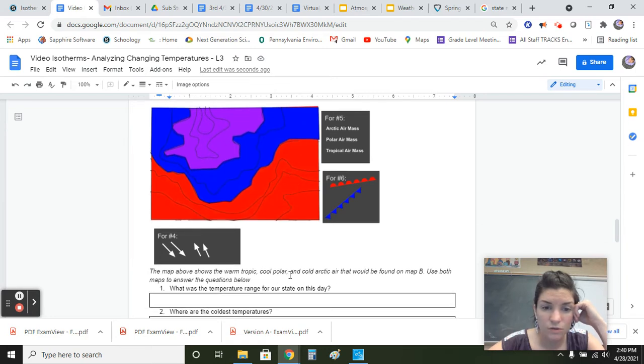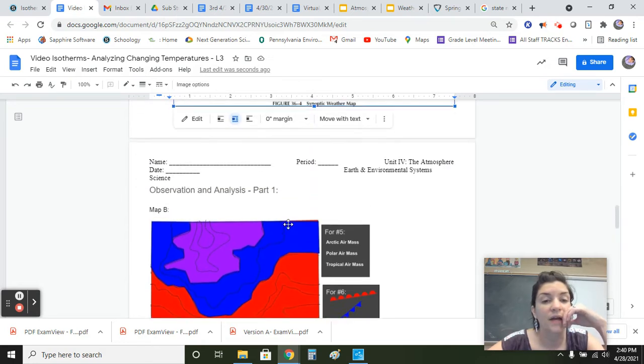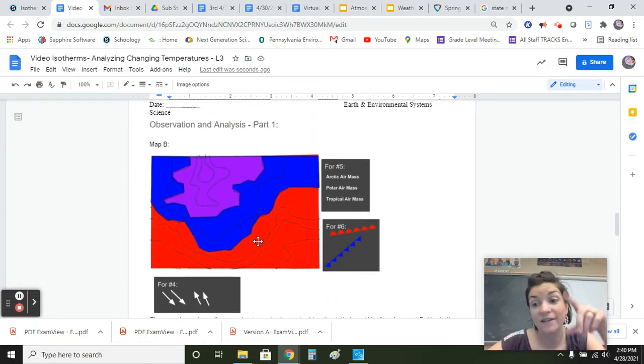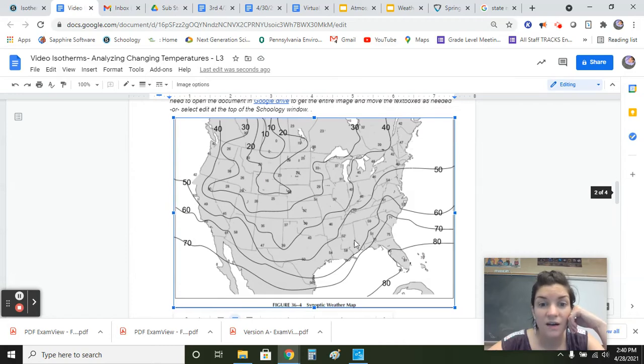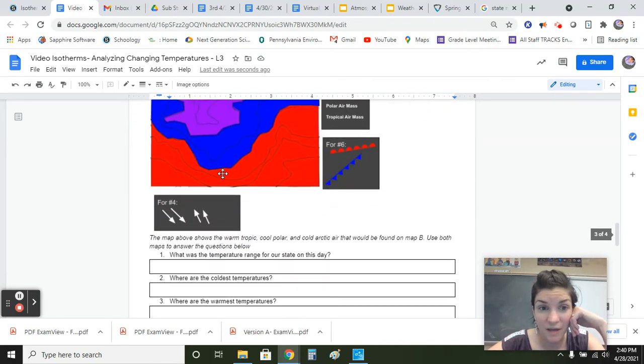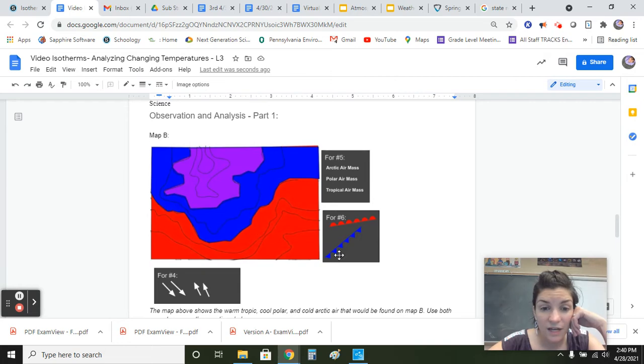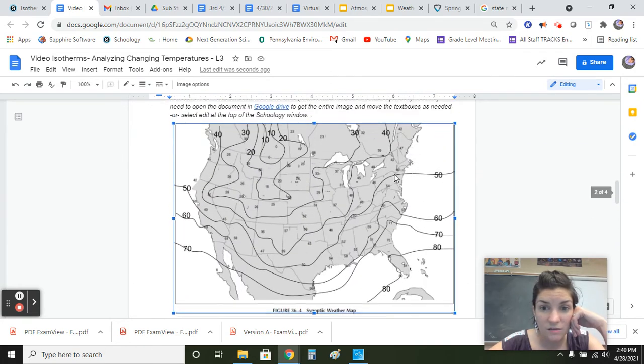The map above shows warm. Use both maps to answer the question before. Oh, okay. So this right here, I had to refresh myself. This map right here is like a color-coded version of this. Okay, might not look super familiar, but bam, there she is. So if I'm going to look at Pennsylvania, Pennsylvania's right here.